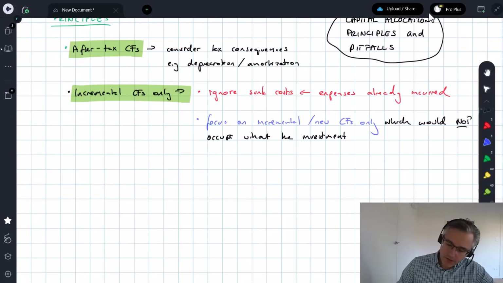And also, often forgotten, consider the impact on the whole firm, broadly.